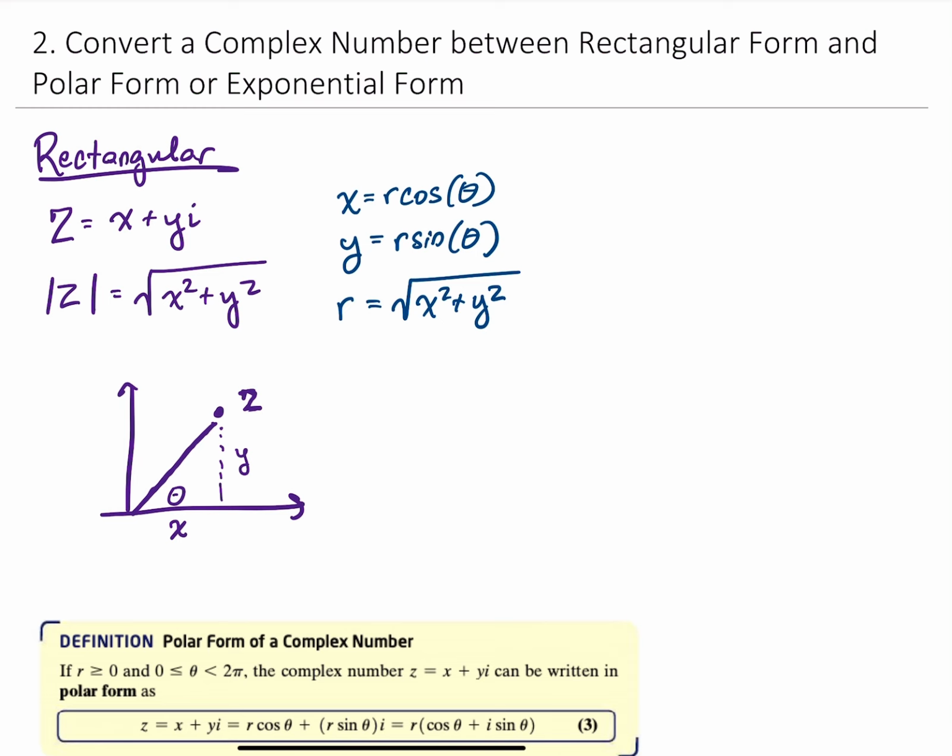And this is the angle going from the polar axis up to where our point exists. So the cosine of this angle theta would be x over r, where we were calling this hypotenuse r. If you multiply the r over, we get x equals r cosine theta. And y equals r sine theta if we take the sine of this angle.